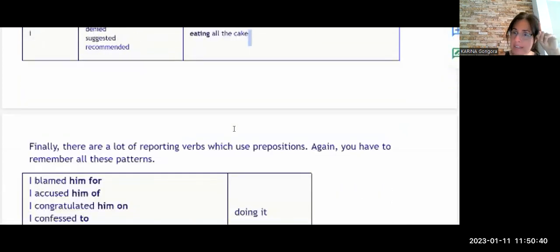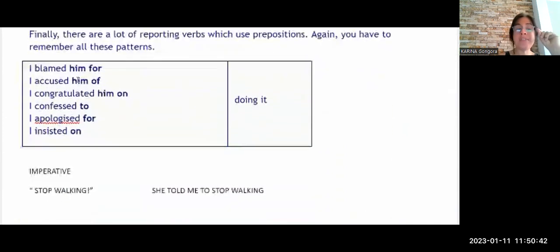And here, even more, we have with another preposition or another construction. So each time you use one of the reporting verbs, you need to remember what is the construction, what is the structure, right? If you need accuse, you need to remember, okay, accuse is with the object and of.